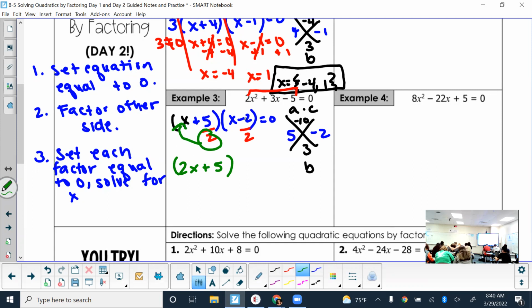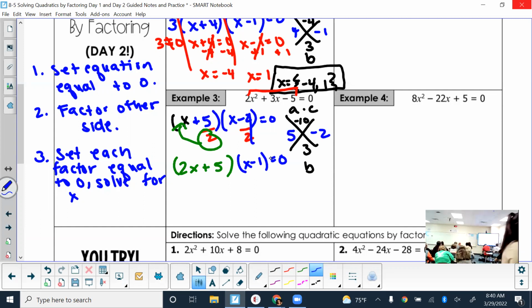Over here, does -2/2 reduce to anything? It reduces to -1. So then this parenthesis, because the 2's canceled to -1, can just be -1. I don't need to do any sliding because there's no remaining denominators on that one.